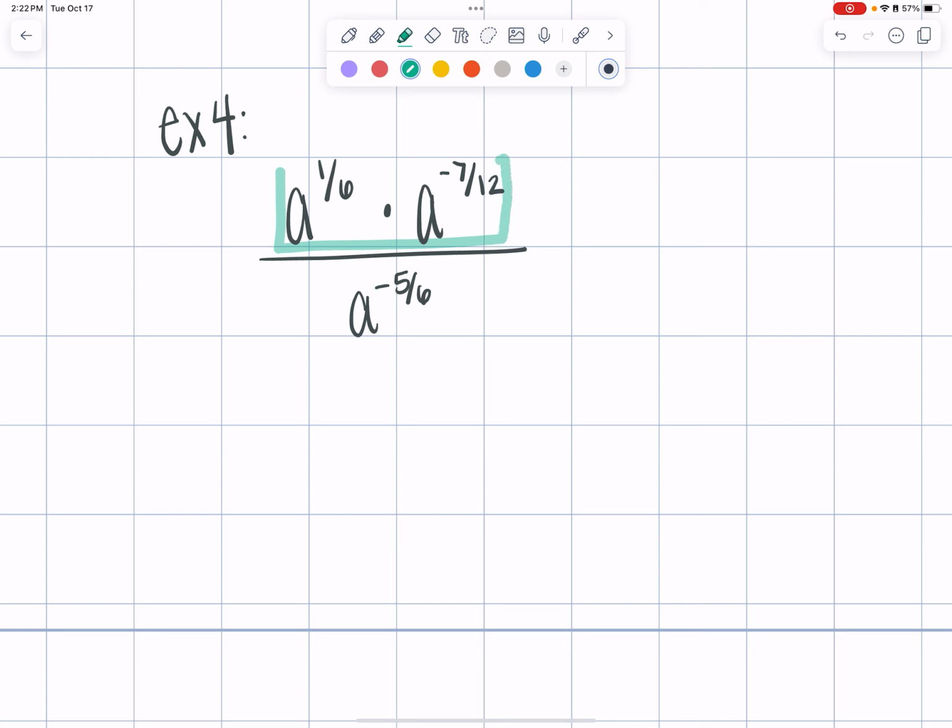So I'm going to take this numerator, and because those are being multiplied, I'm going to do product rule on the numerator first. So I've got a to the 1/6 times a to the negative 7/12 power. Product rule says that I can add the exponents.